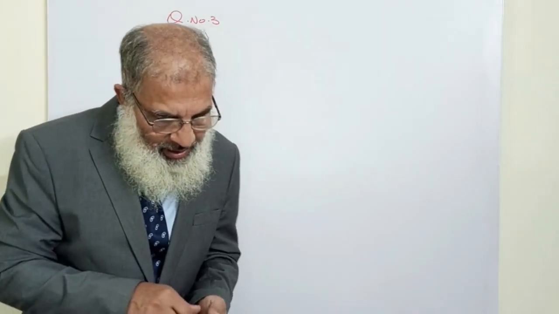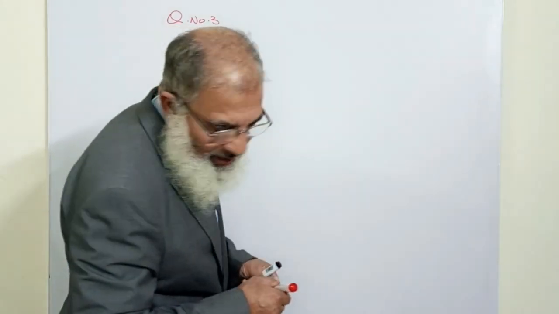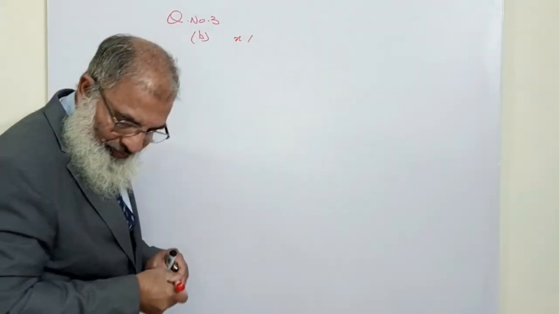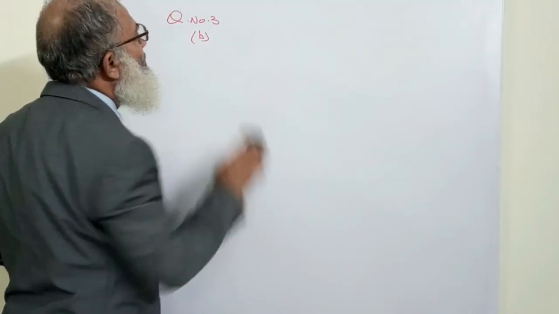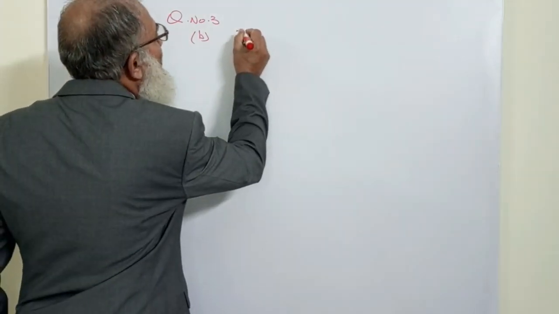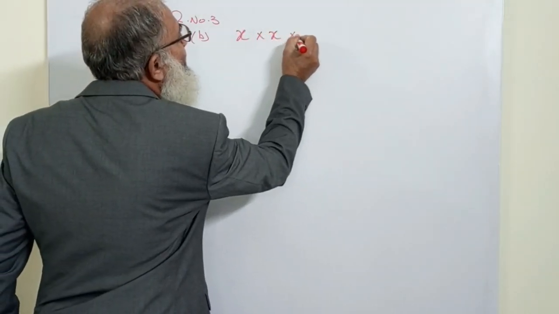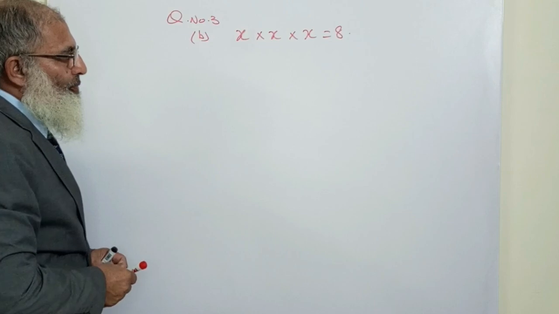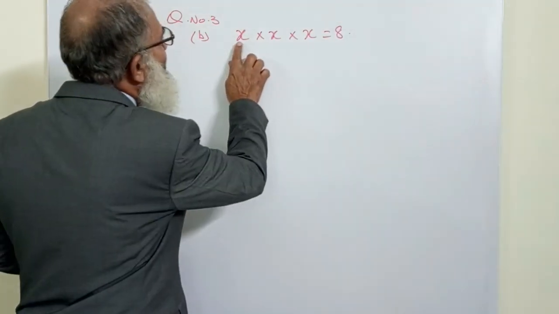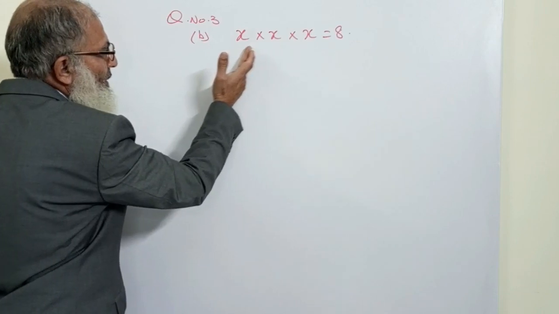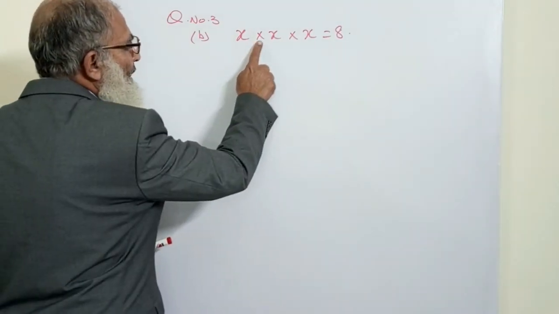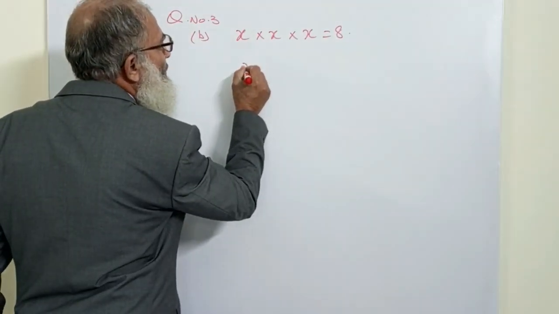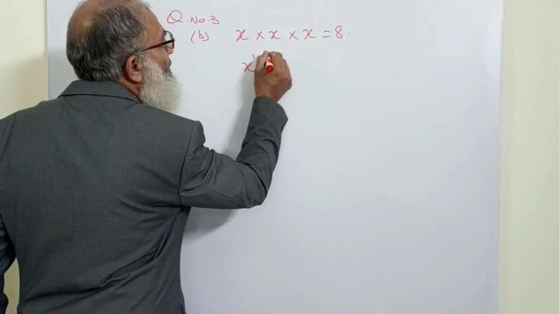Part B is x times x times x is equal to 8. Now I told you that when the bases are the same and there is a multiplication sign in between them, then we just add all the powers.